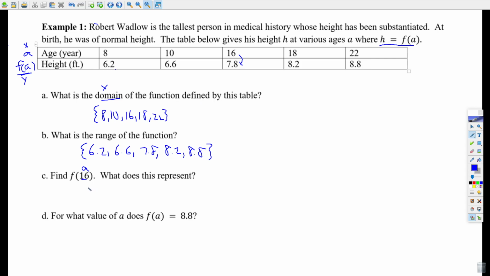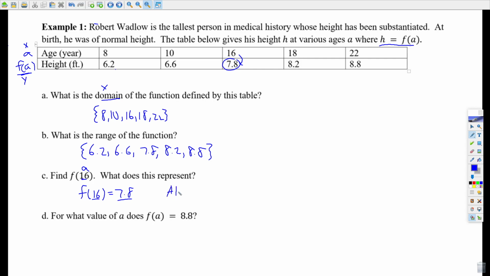So how do we write this out? It would be f of 16 equals 7.8. Now we've talked about finding this number and then talking about what it represents. So what does it mean? It means at the age of 16, Robert was 7.8 feet tall. So how are we going to write this?